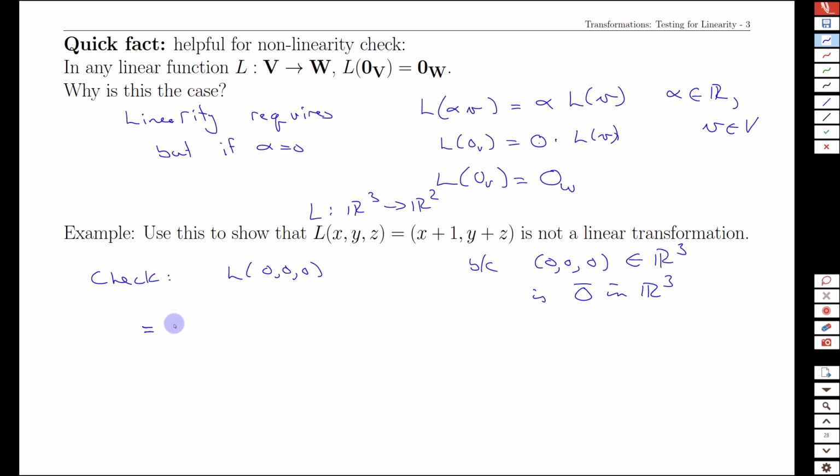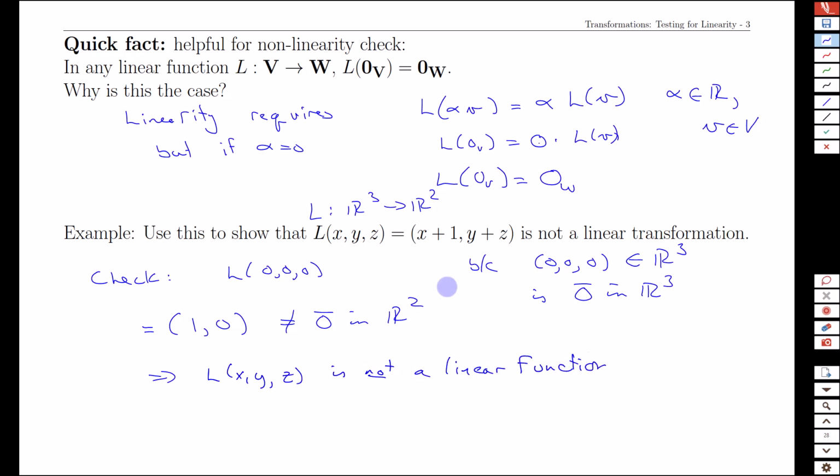Well, L of 0, 0, 0 is equal to 0 plus 1, and 0 plus 0 and 0. This is not equal to the zero vector in R2. And so right away, I can tell that this function, L of x, y, z, is not a linear function.